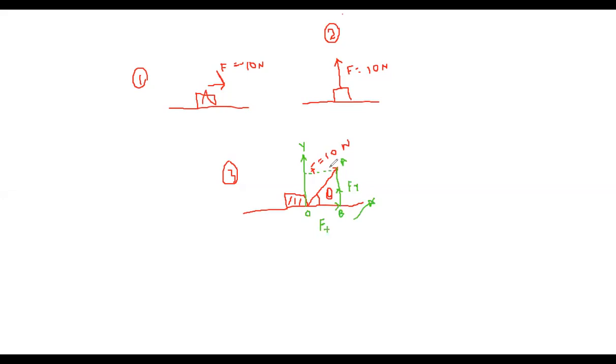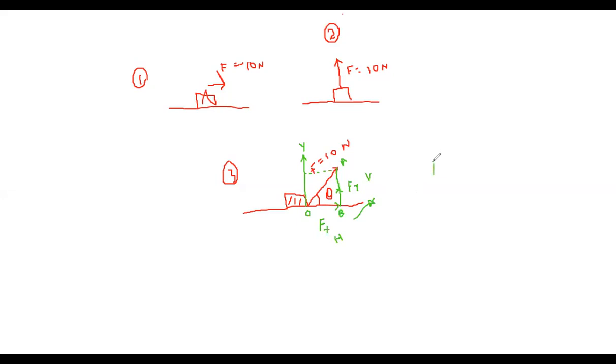Note that these components make a rectangle OBAC, if we call this point C. This Fx is called the horizontal component, and this Fy is called the vertical component. And we can get the values of these by solving this triangle OBA.